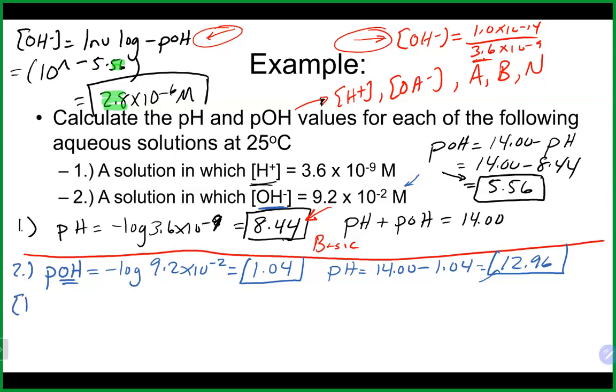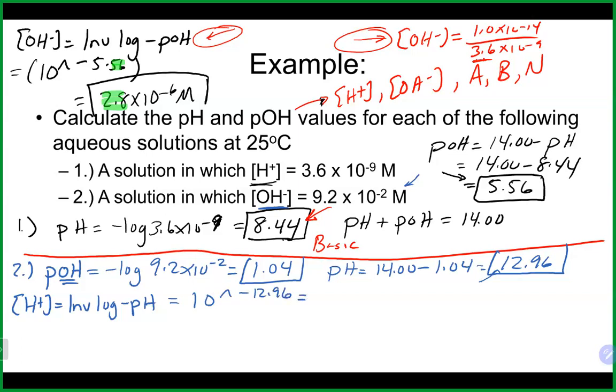So the H plus would equal the inverse log of the minus pH. Question? So that is going to be 10 caret minus 12.96.